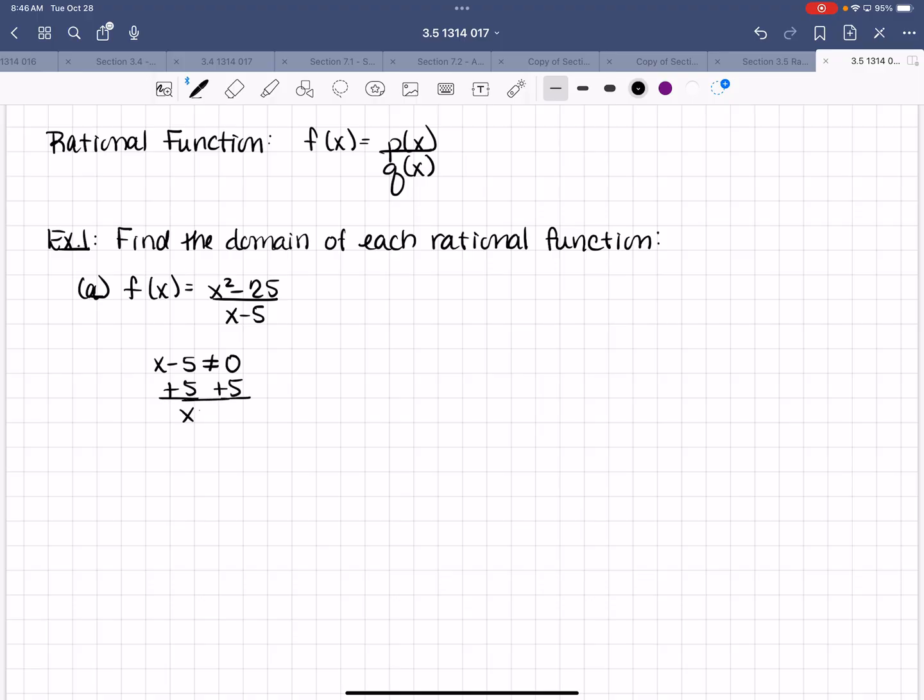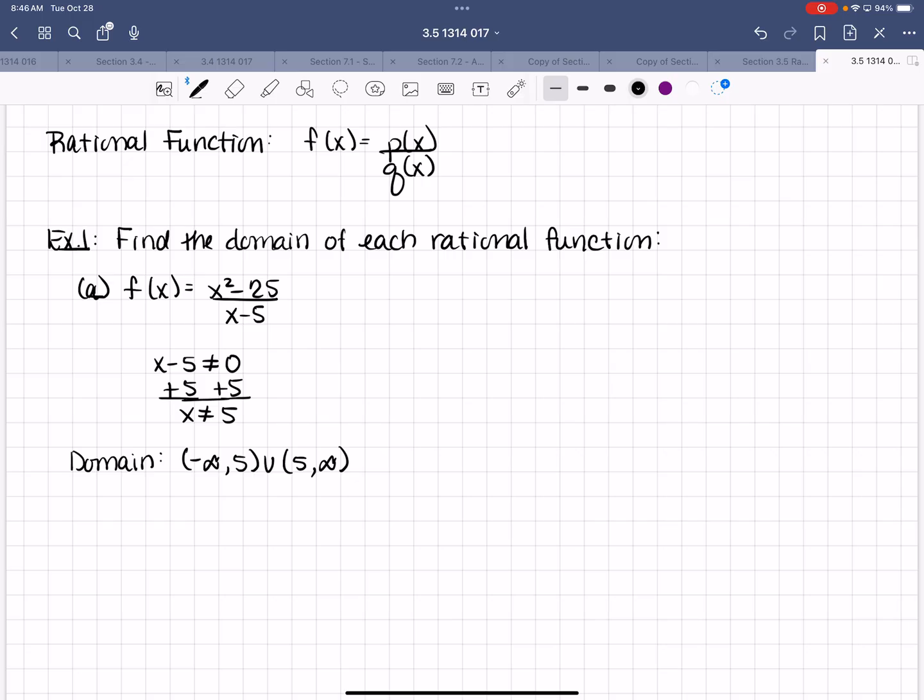That means x cannot equal 5. Okay, so when I go to list that domain in interval notation, that means I can use any value except for 5. So we would list that as negative infinity to 5 united with 5 to positive infinity.